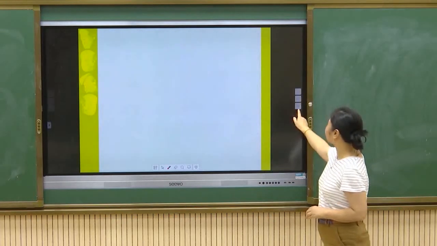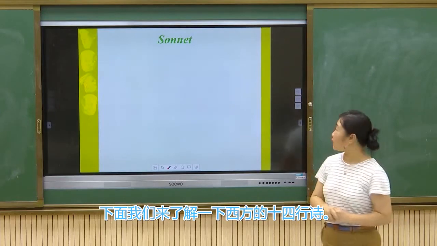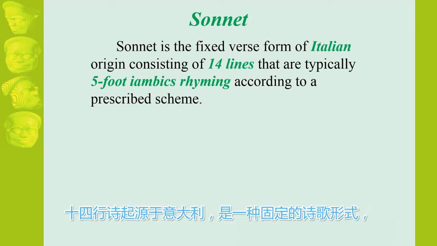Okay, now let's get to know something about the Western sonnet. A sonnet is a fixed verse form of Italian origin, consisting of 14 lines.